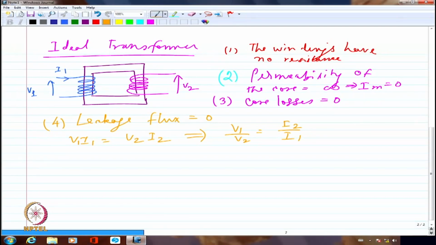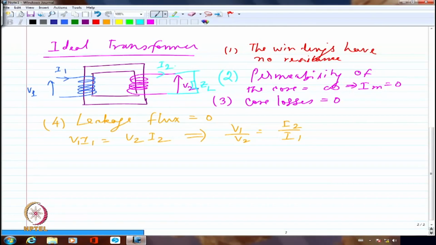Right? Now let us say I have connected a resistance here, or an impedance. Let me call this ZL. So I have connected a load impedance of ZL. When I connect the load impedance ZL, this is going to draw a current of, let us say, I2.